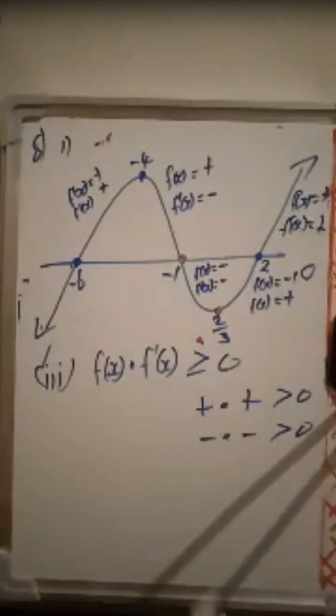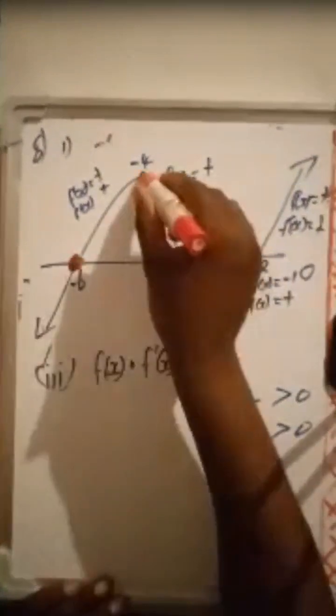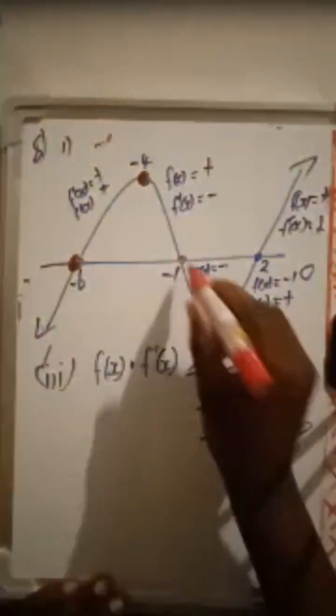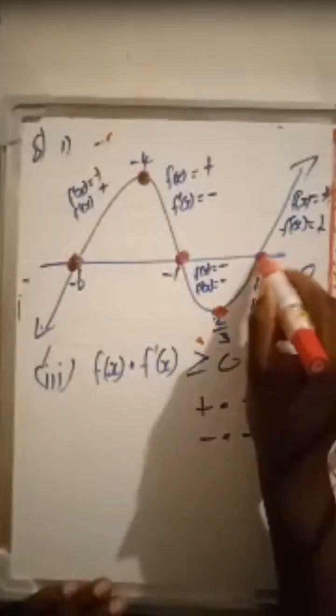So the regions that we want, I'm going to mark it in red. I'm going to mark this one to that one. And also this one to that one. Then from there, going onwards. Okay? So we are going to have a number of regions. This one, they say, or equals to 0.